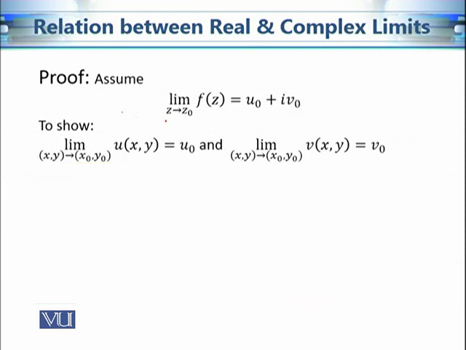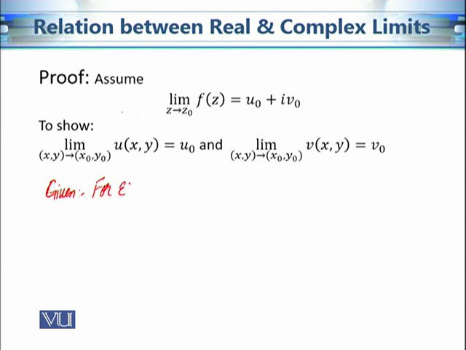So it is given that this limit is equal to u naught plus iota v naught. So this implies, this is our given statement. This is the fact, and we can use this fact in our proof. So what is given?